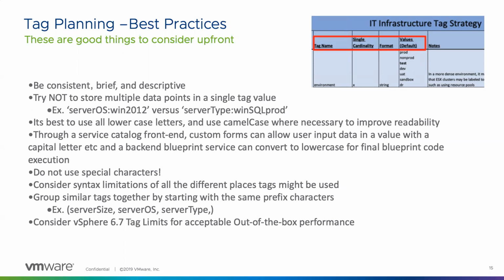So we want to be consistent and brief. We don't want to use special characters. We want to try to always use lowercase letters. We want to sometimes use camel case if we have multiple words and we want to make that easy to read.